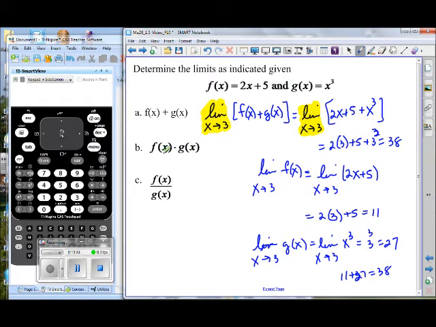Okay, we can do the same thing with f of x times g of x. And our answer would be with the limit as x approaches 3 of f of x times g of x. That would be the limit as x approaches 3 of 2x plus 5 times x cubed.